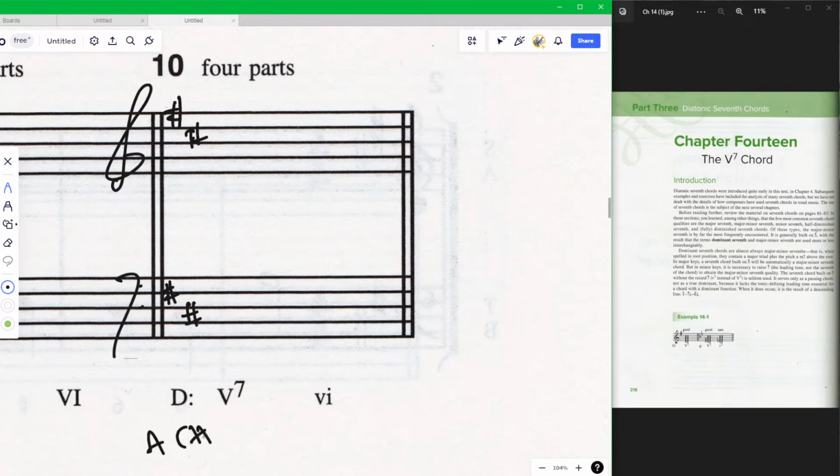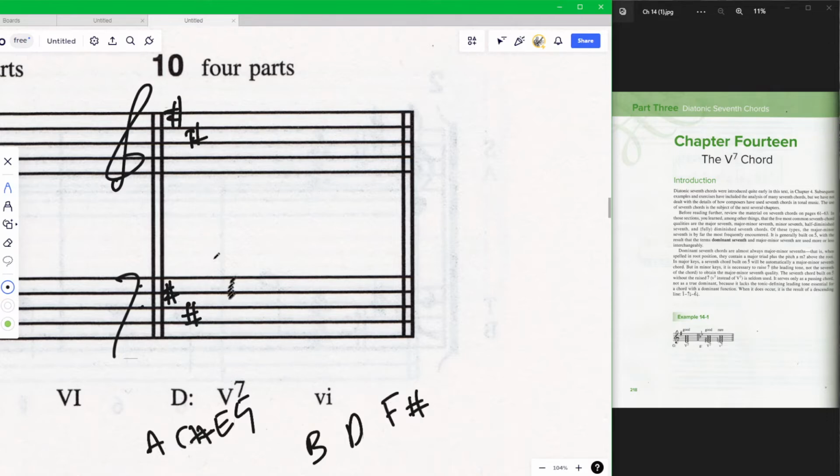A, C sharp, E, G. What's the 6th chord? B, D, F sharp. A minor chord. Okay, so Ti, Re, Fa, La, Do, and Mi. Sorry, it's Mi.